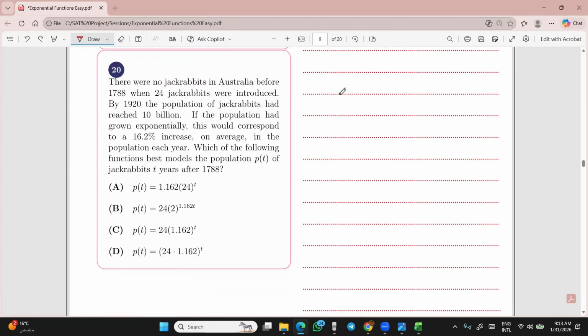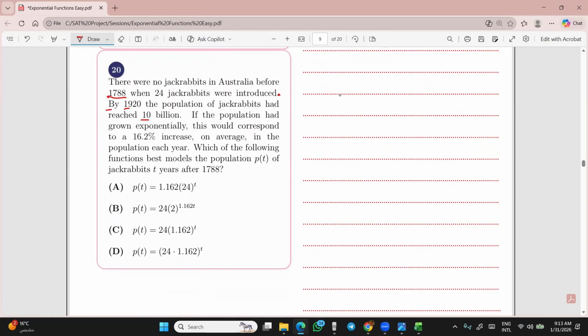Question number 20. There were no jackrabbits in Australia before 1788, when 24 jackrabbits were introduced. By 1920, the population of jackrabbits had reached 10 billion.